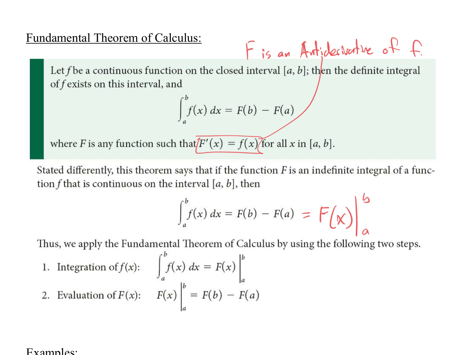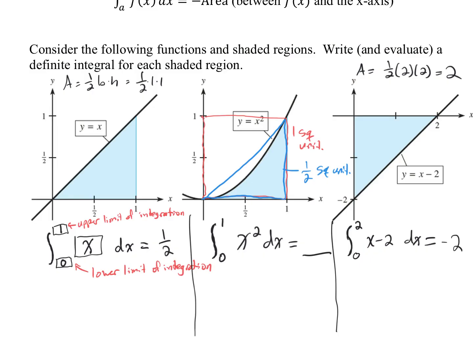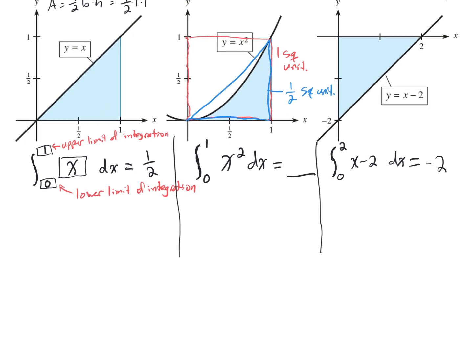And now let's go ahead and look at that example that we weren't able to compute the area of before. So what we have here is the definite integral from 0 to 1 of x squared with respect to x. We need to figure out what that is. Let me give myself a little bit more room here.